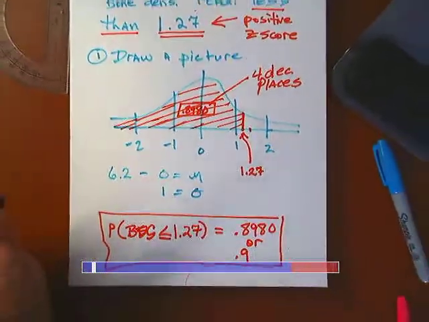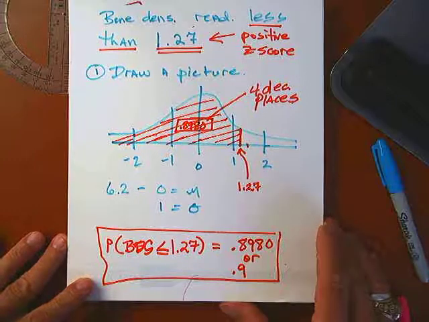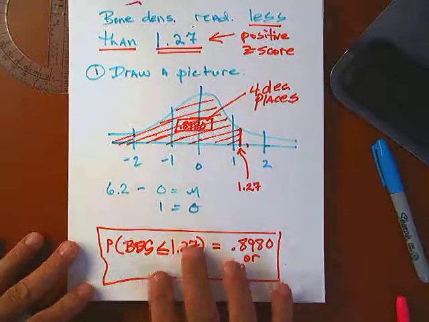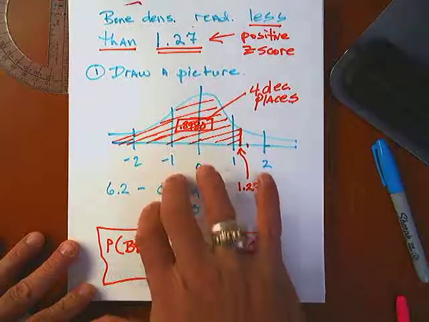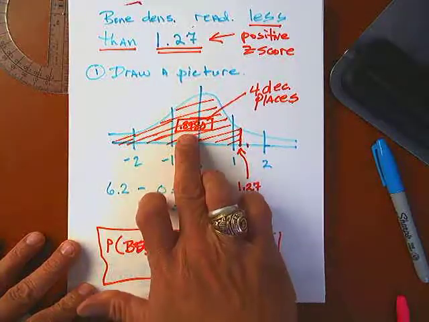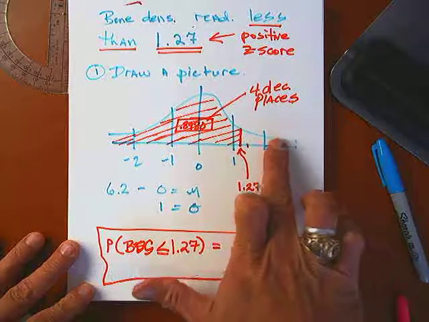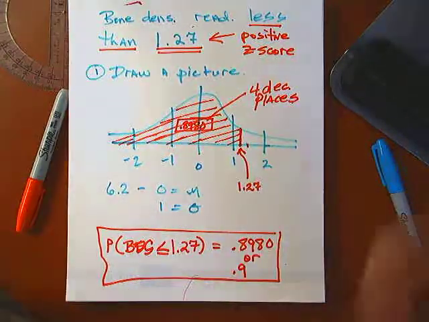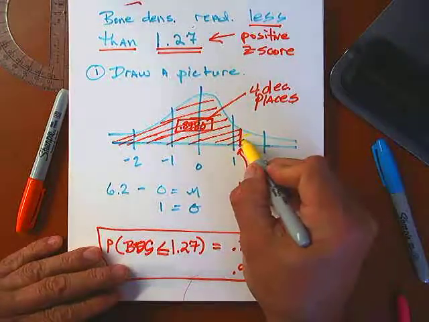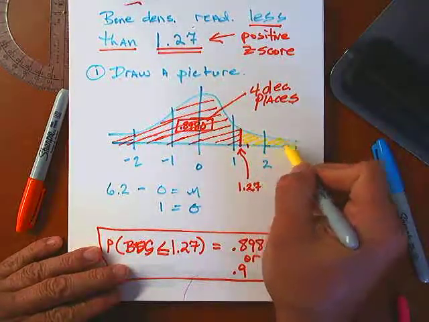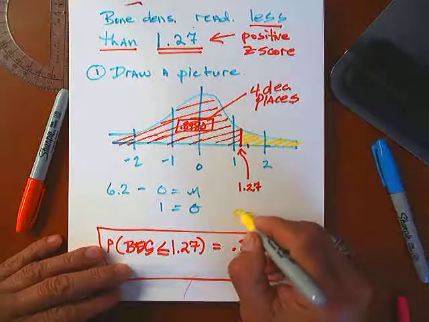Now, I'm going to go ahead and put in here the complement. Let's refresh our memory on the complement. What is the complement? The complement is the other half that makes the whole. Our whole is 1.000. So if my probability of being less than 1.27 is 0.9, then what is my probability of being greater than 1.27?